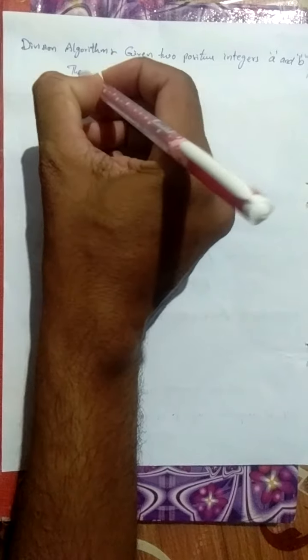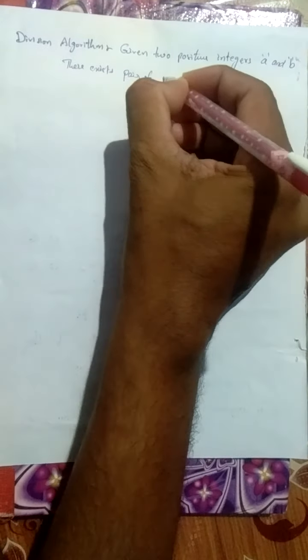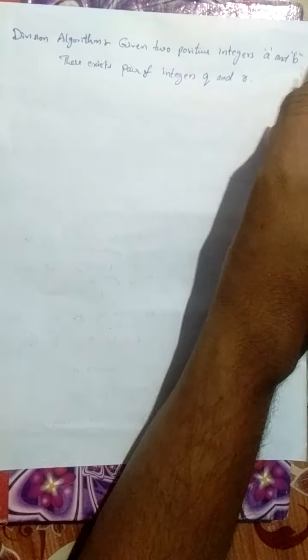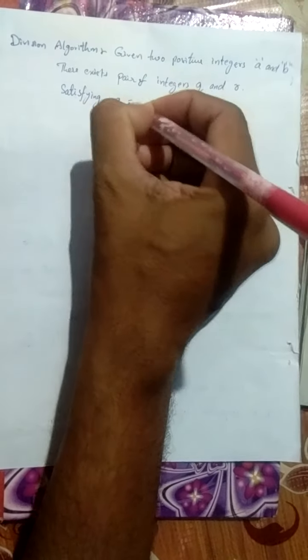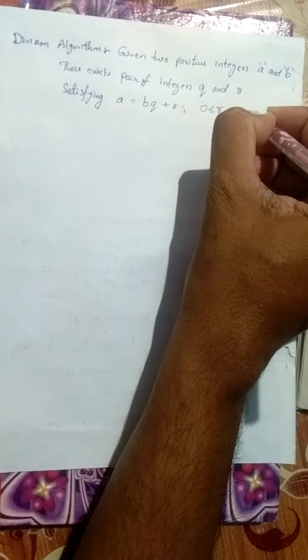There exists a pair of integers q and r, which satisfy a equals bq plus r, where r lies between 0 and b.